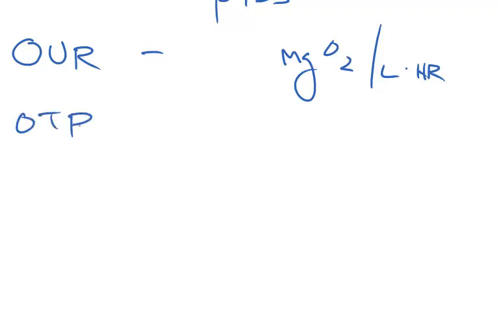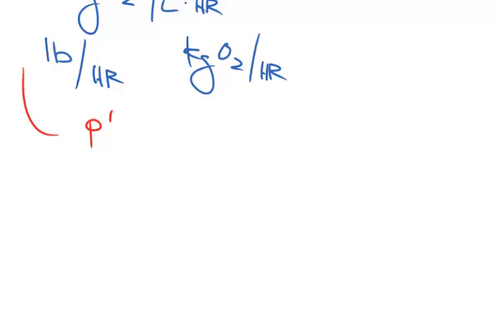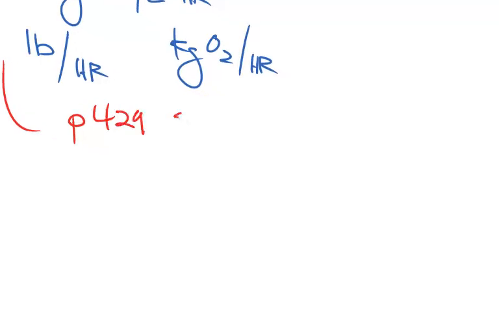Oxygen transfer rate, how much is being imparted into the process. That would have units, these are English units, in pounds per hour, or you might see it in metric units, kgs of oxygen per hour in that particular system. And in particular, look at page 429, equation 555 for that specific.